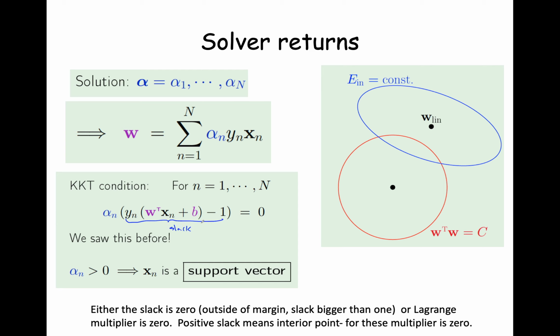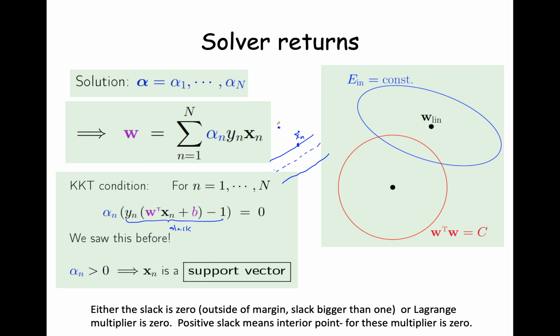And we said that for the on-margin points, the slack is 0. So if we have a hyperplane in the dotted line, and here's the top of the margin, and this is the bottom of the margin, and we said xn is the on-margin point. Now, this is a point such that the slack is going to be precisely 0.